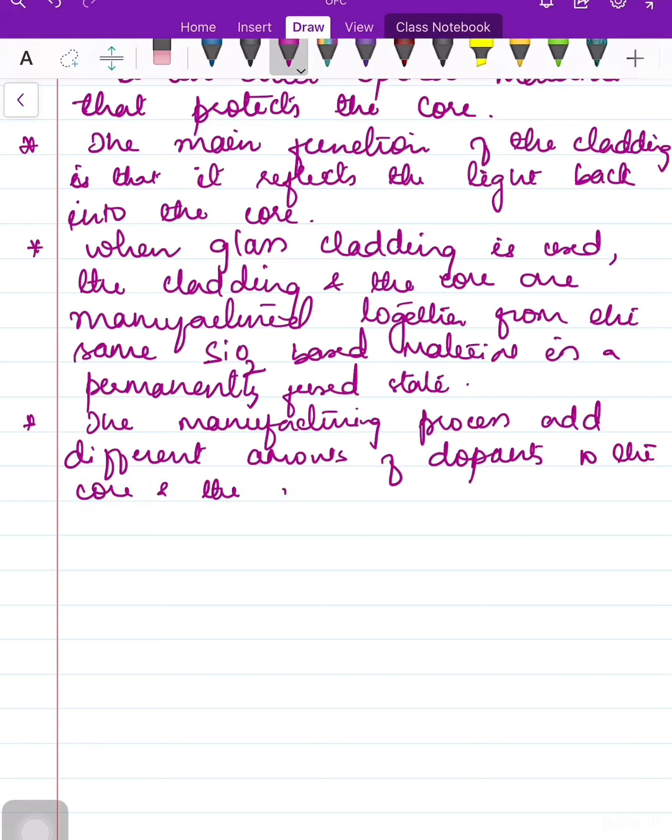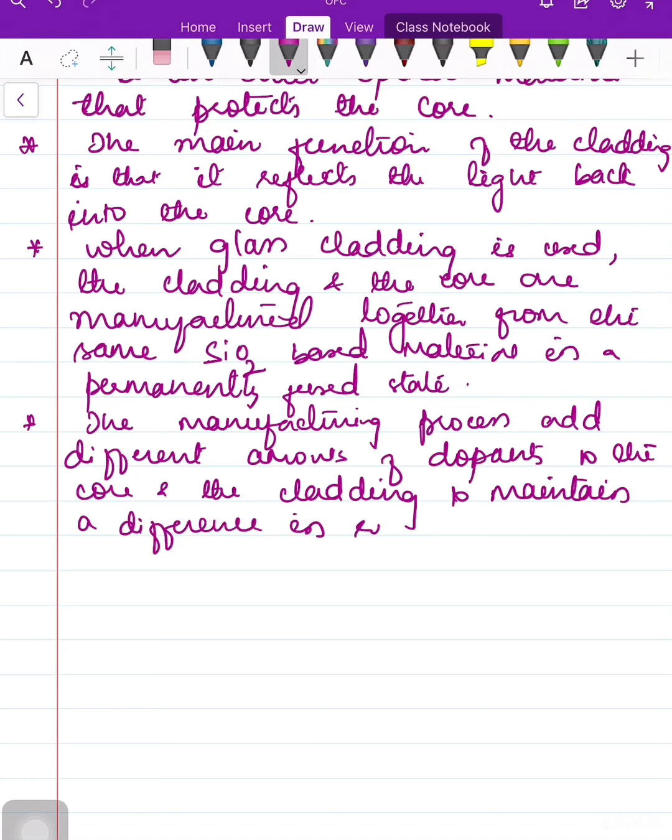Clear? Why is it done? It is done to maintain a difference in refractive index, correct? Indexes of about at least 1%.